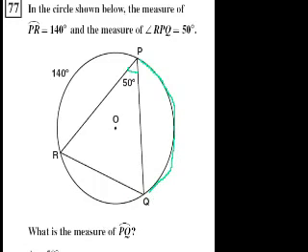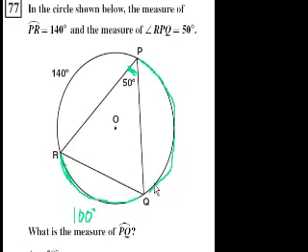We can use what we learned in the last problem. 50 degrees is an inscribed angle. So it's going to be half of the arc angle of the arc that it intercepts. So if this is 50, then this arc measure is going to be 100 degrees.